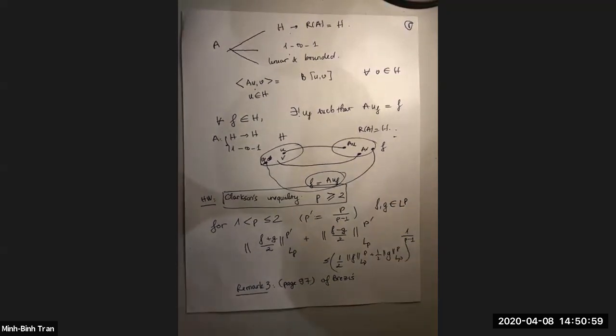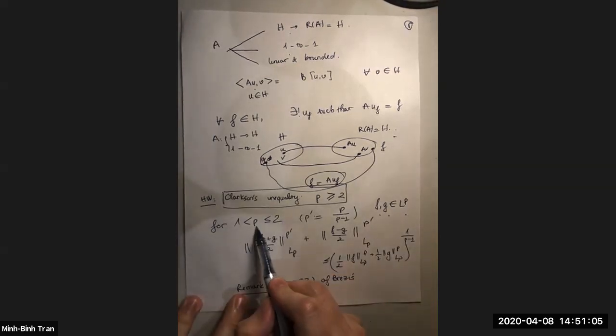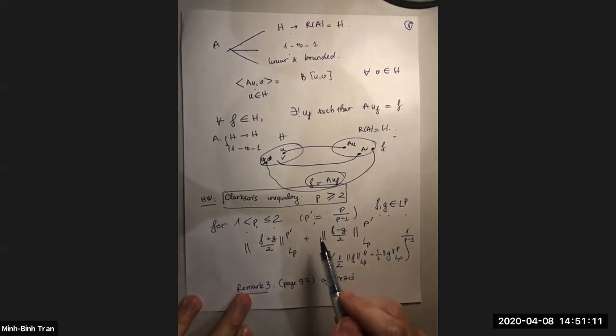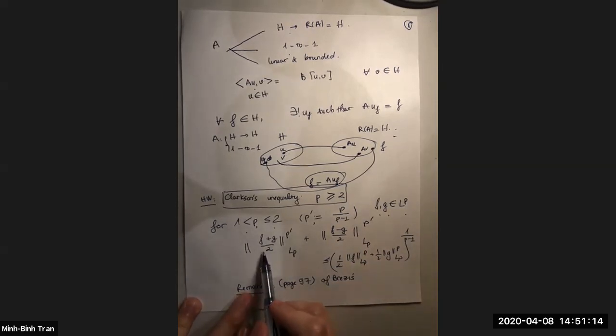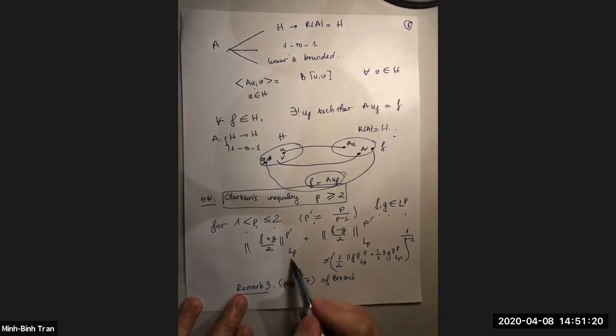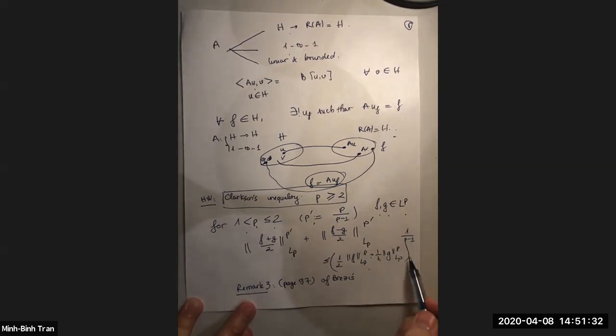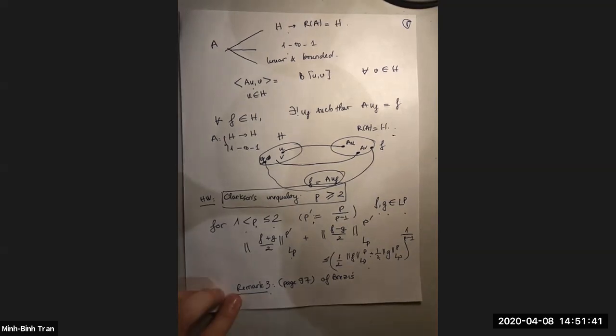You have two functions f and g in LP, p is from 1 to 2, and p prime is the dual of p. The version for p smaller than 2 is: the norm of (f plus g) over 2 in LP p prime plus the norm of (f minus g) over 2 in LP p prime is smaller than (1/2 of the norm of f in LP to the p plus 1/2 of the norm of g in LP to the p) to the power 1 over p minus 1. This is remark 3 in page 97 of Basis, and the due date will be next Friday.